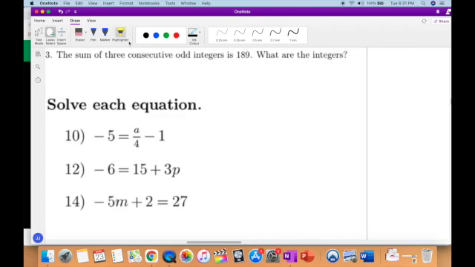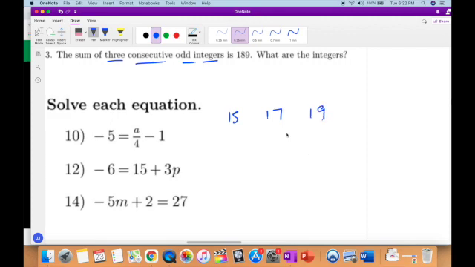Now let's see the sum of 3, and this is the same kind of question. The sum of 3 consecutive odd integers is 189. What are the integers? 3 consecutive odd integers. So how could I ensure that this first number is odd? Odd integers could be 15, 17, 19.